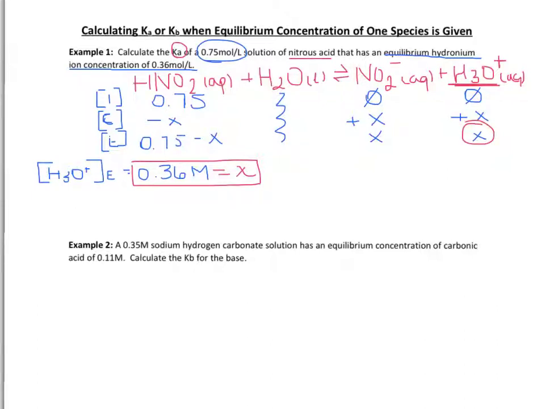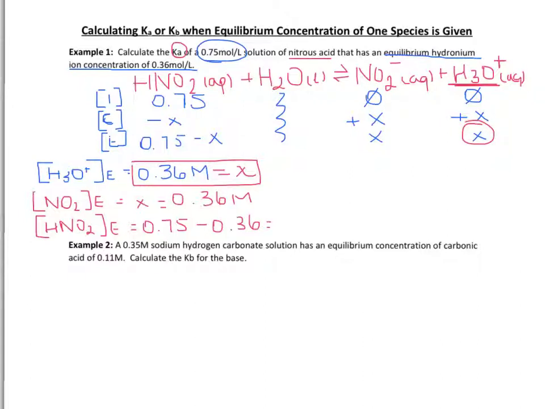Once you know what X is equal to, you can then find the equilibrium concentrations of the other species required to calculate Ka. NO2 at equilibrium is equal to X, so this is also 0.36 molar. And HNO2 at equilibrium is 0.75 minus X to give us 0.39 molar.